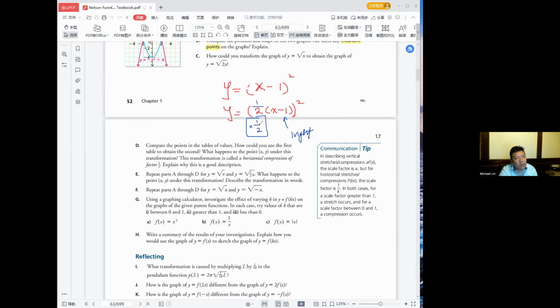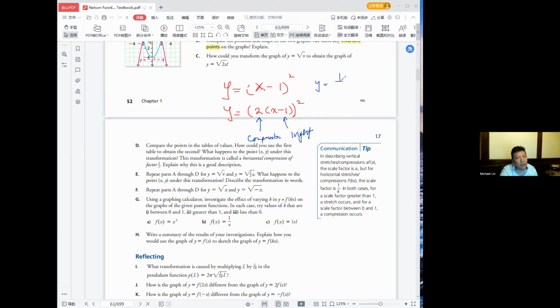This value will tell you if it's a stretch or compression. So to reiterate, if your k value is a number bigger than 1, it's a compression.